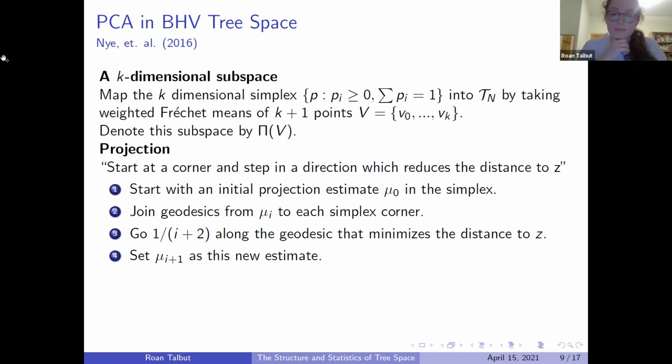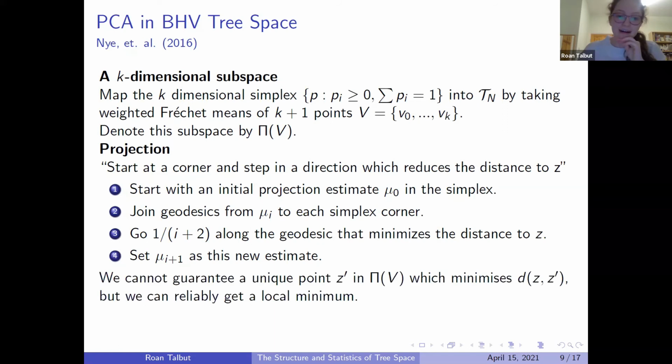And this algorithm is effectively just starting at one of the corners of our simplex, and then walking in a fixed direction towards a different corner, in the direction that minimizes our distance to z.